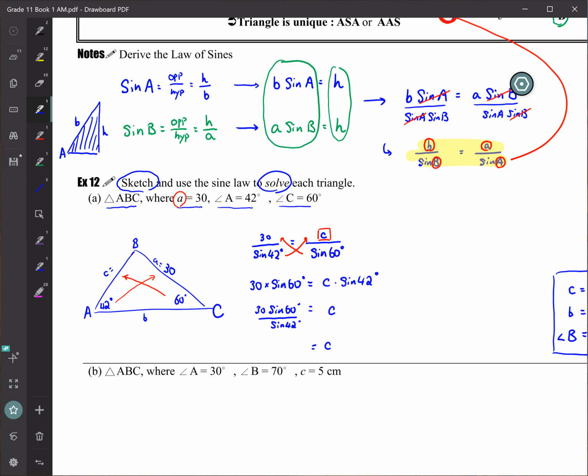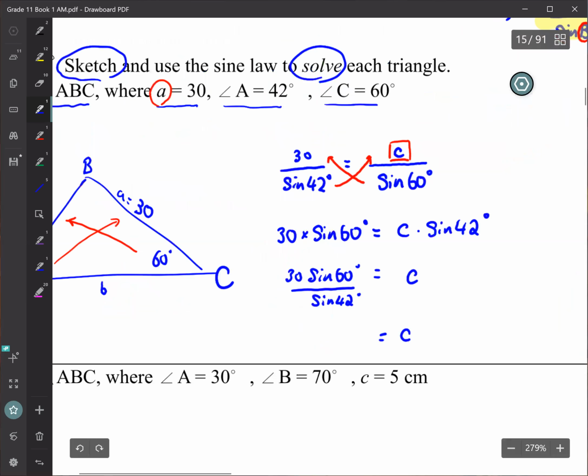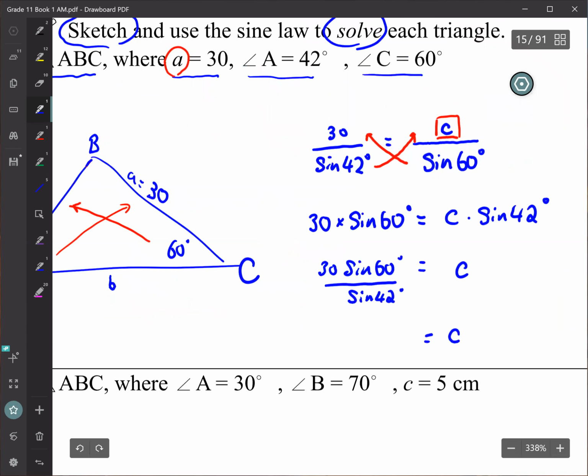Type it into your calculator and raise your hand. This one shouldn't take too long. You type 30 times sine 60 and then divide by sine 42.